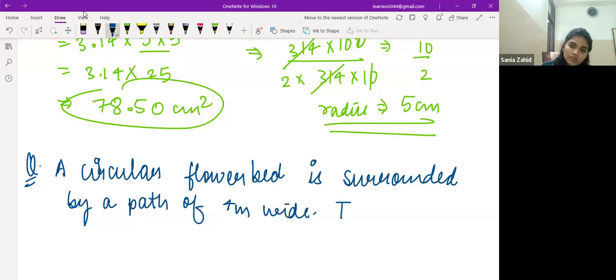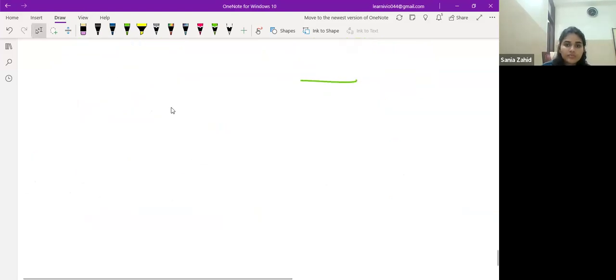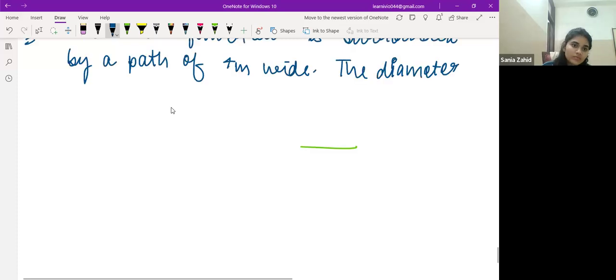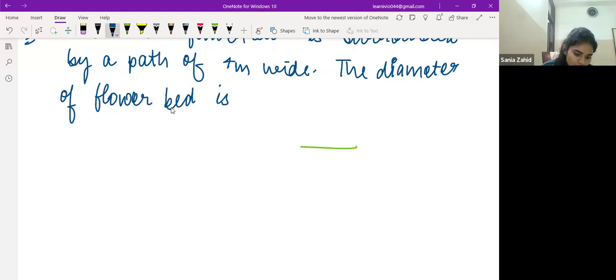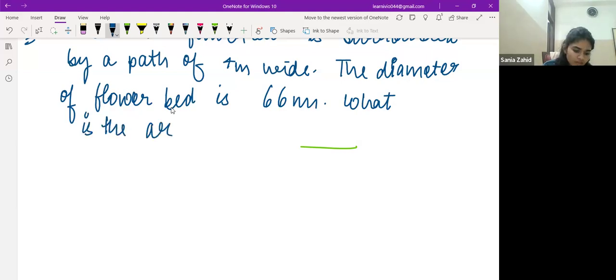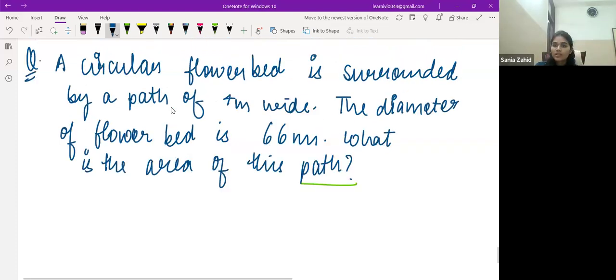The diameter of the flower bed is 66 meter. What is the area of this path? Okay, so how will you solve this question?